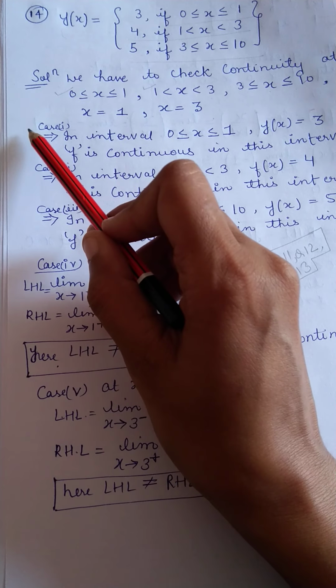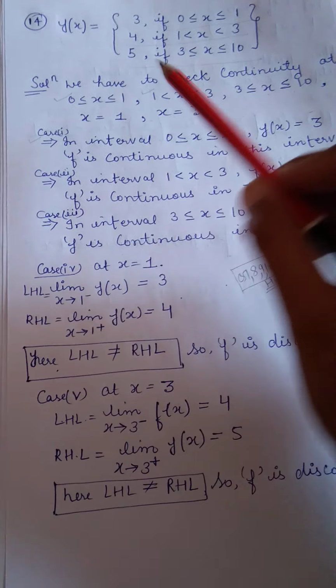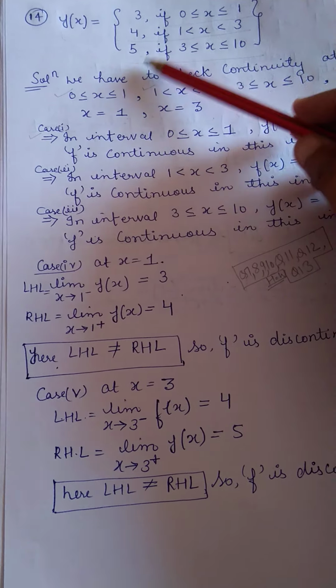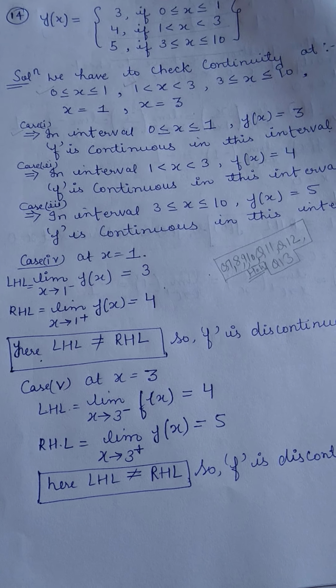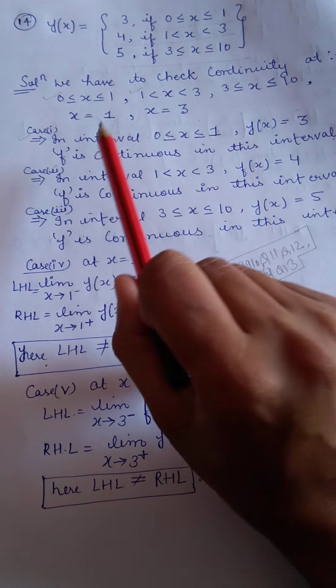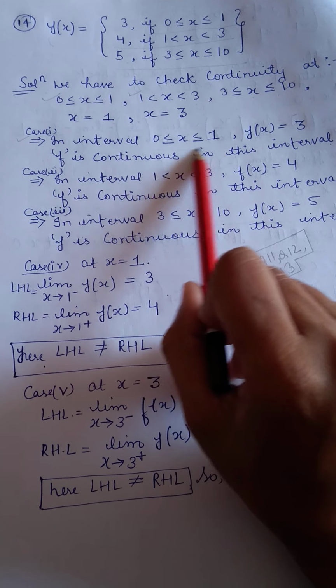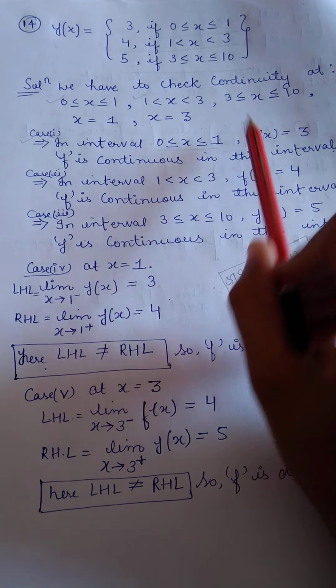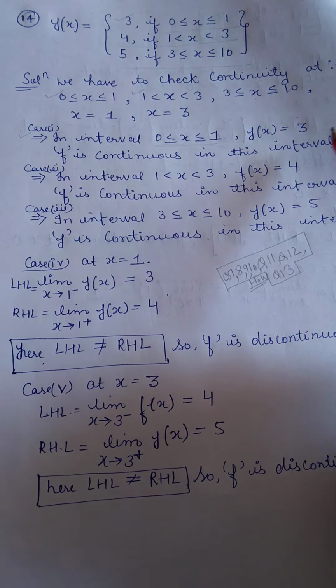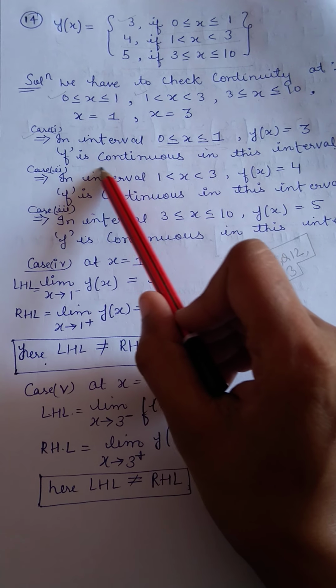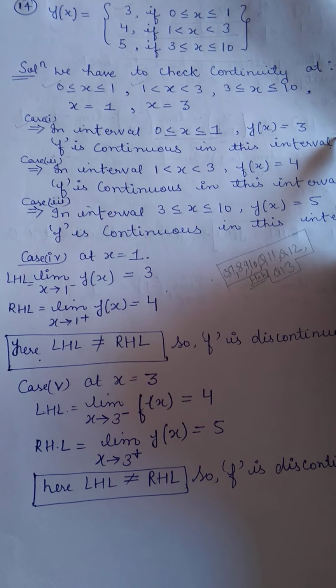So I am taking the first case. In this, all the values are like a constant. So in this interval, f(x) value is 3, so f is continuous in this interval.